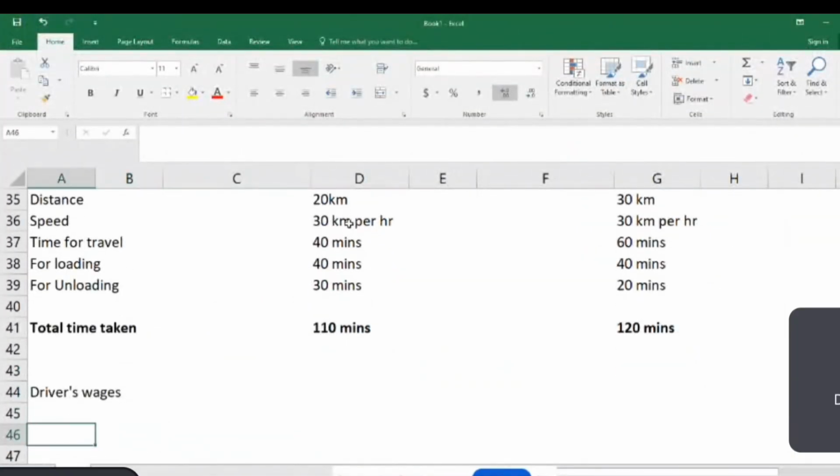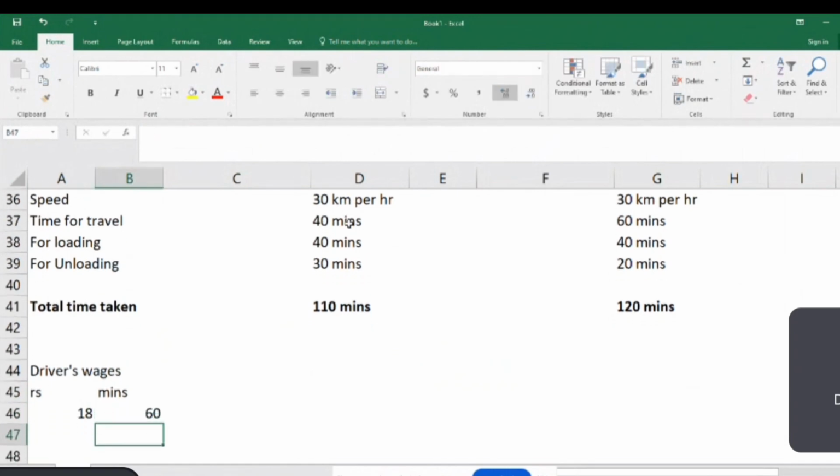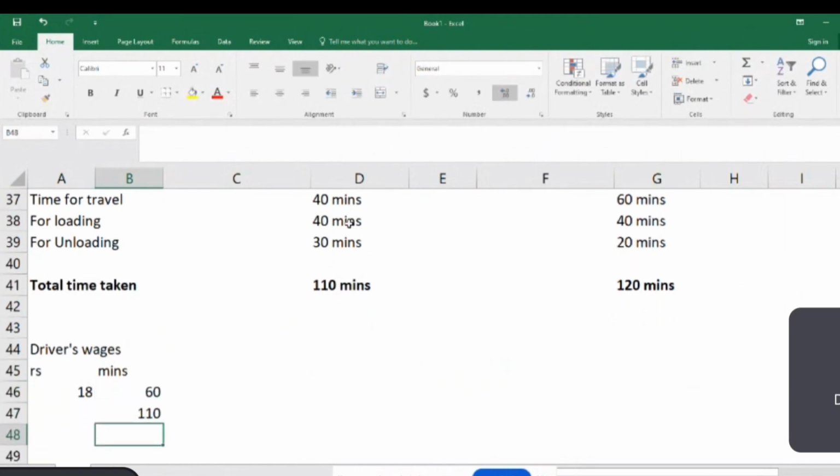Rupees 18 for 1 hour, which means 60 minutes. For 60 minutes it is taking 18 rupees. Actually it has operated for 110 minutes. Then what will be your cost?